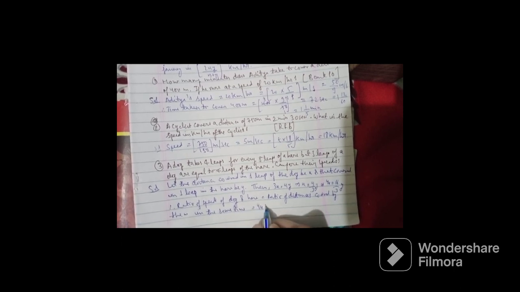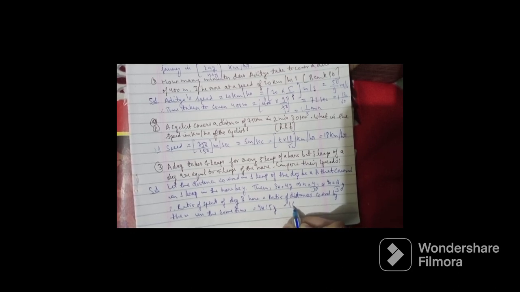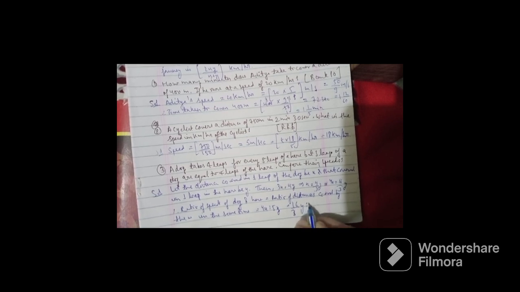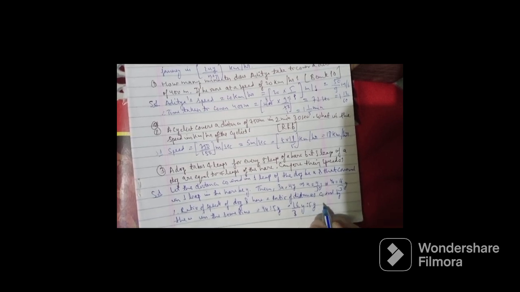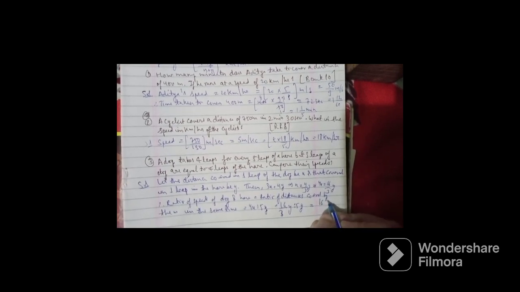That is 4x ratio 5y, 16 by 3y ratio 5y, which is equals to 16 ratio 15.